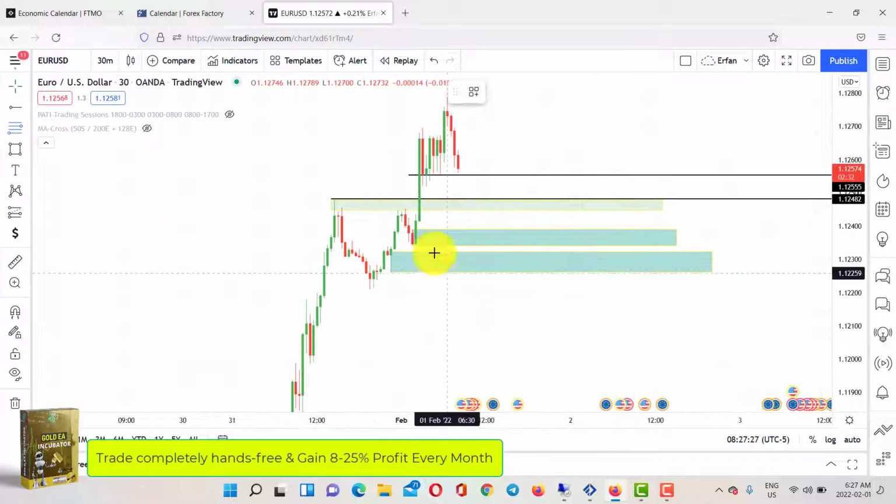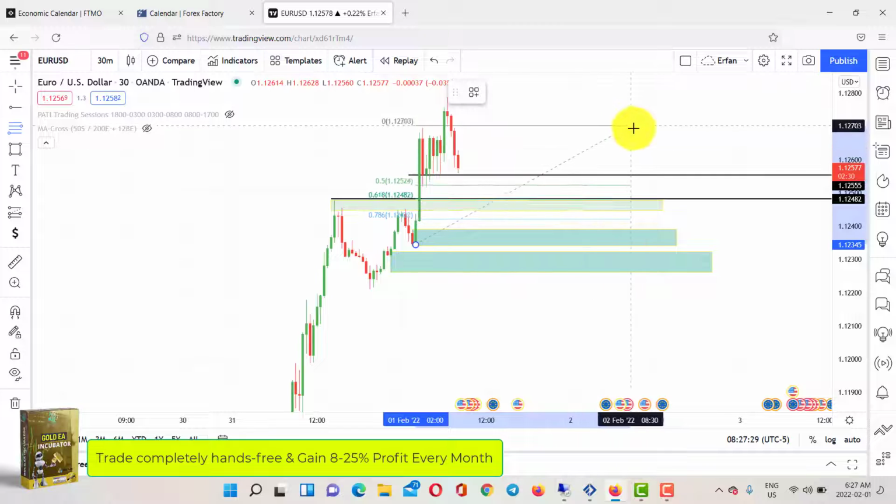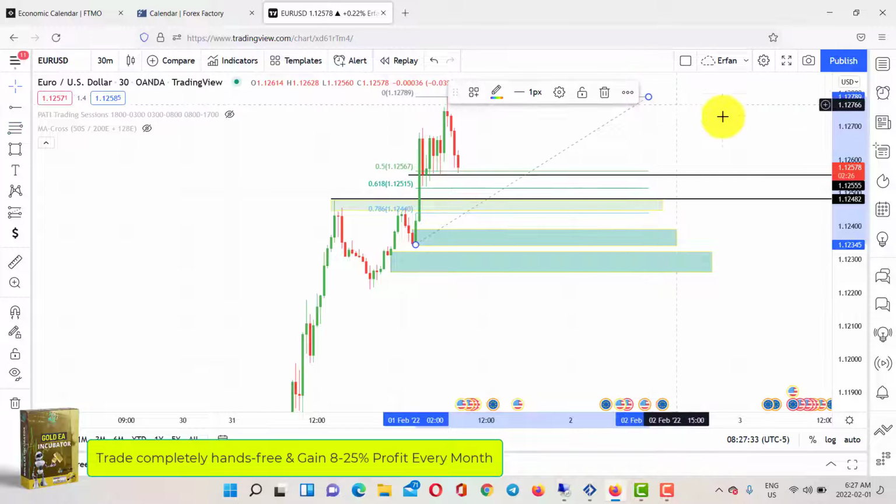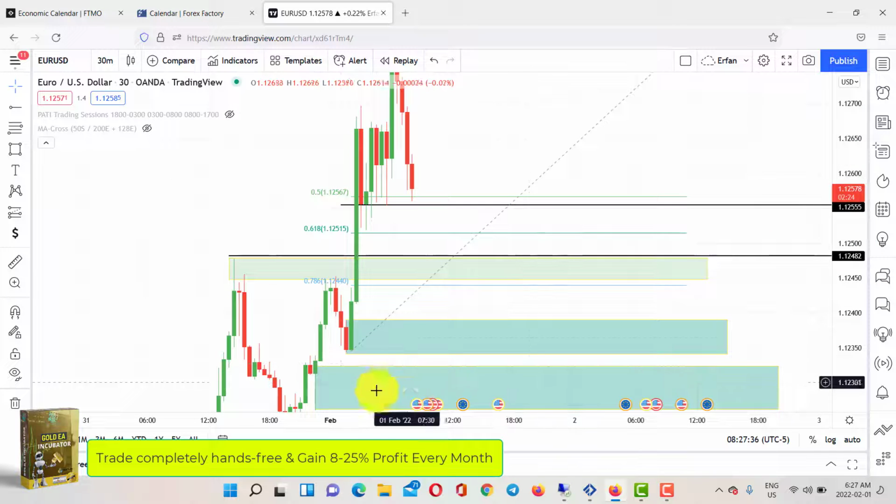So if I want to use my Fibonacci from here to here, see, 50% is here, 50-60% is here.